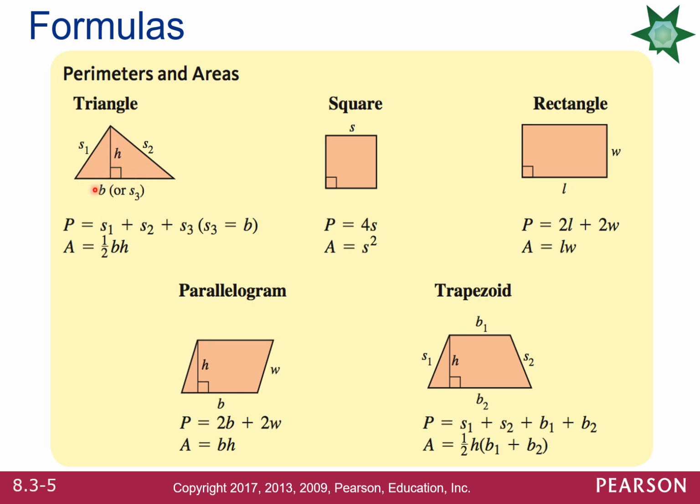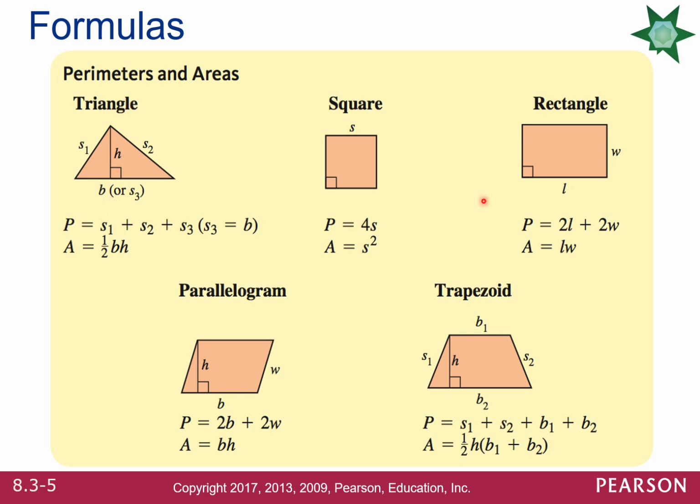That's why we draw a separate line going straight up 90 degrees from the base to the peak of the triangle, and we label that height. So in order to find the area of a triangle, we have to know the height, and the formula is half multiplied by the base, S3 in this case, multiplied by the height of the triangle.